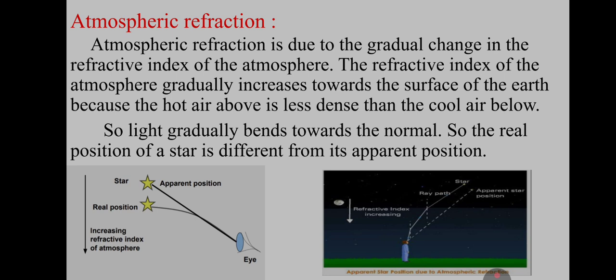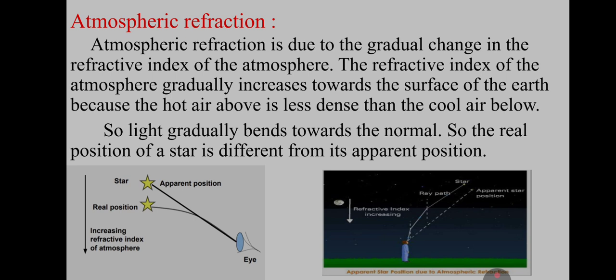It is due to the gradual change in the refractive index of the atmosphere. In the atmosphere, the refractive index gradually changes. That's why atmospheric refraction takes place. The refractive index of the atmosphere gradually increases towards the surface of the earth. When you come nearer to the earth, the refractive index value gradually increases.